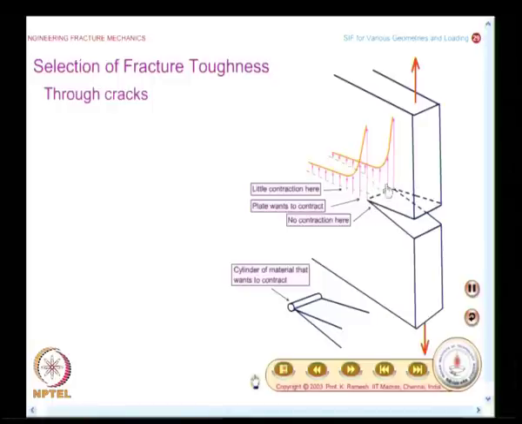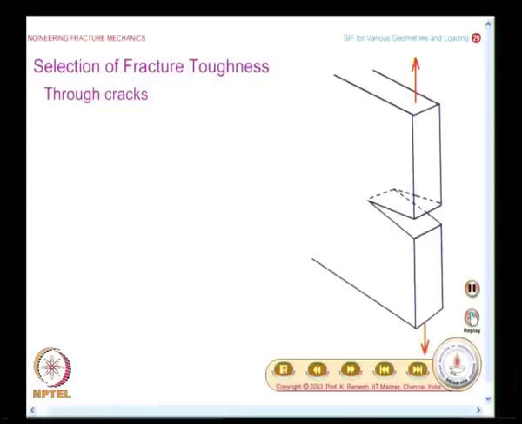So, what I would do is I would repeat the animation, and you can recapture the various sequence of ideas that we have represented. So, I have the plate with a crack, you pull, you see very high level of stresses.